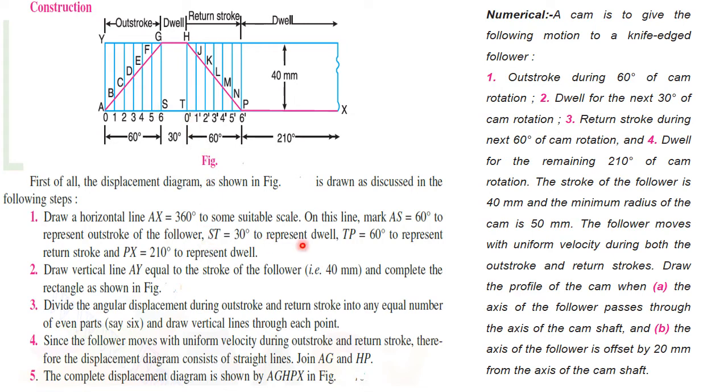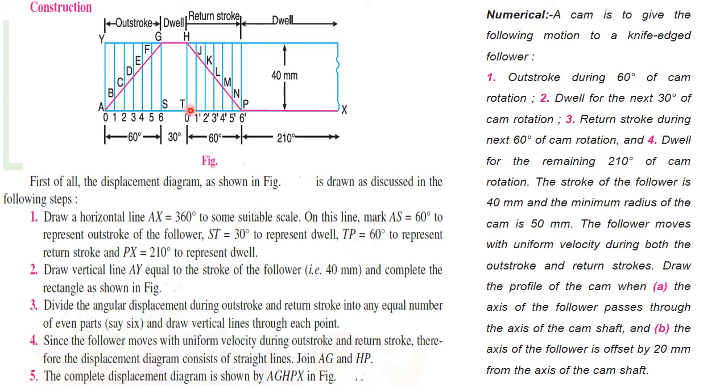The same procedure is followed for TP, which is the return stroke of 60 degrees. How to calculate the length of TP? 360 degrees is equal to the AX length. Therefore, 60 degrees is equal to how much length?